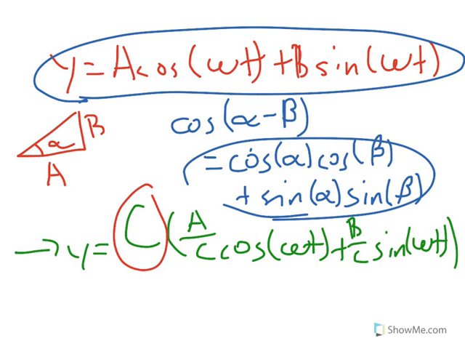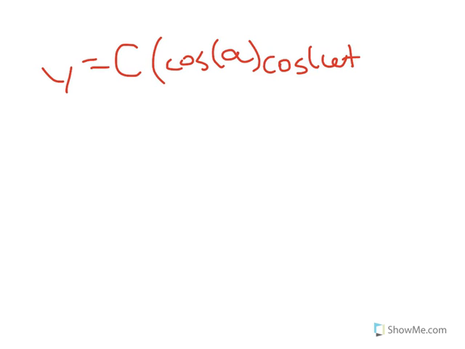So at this point, if you're paying close attention, you may notice that the a over c and b over c terms look quite familiar. In fact, we can rewrite them as cosine of alpha and sine of alpha, respectively, to get y equals c times the quantity cosine of alpha times cosine of omega t plus sine of alpha times the sine of omega t.